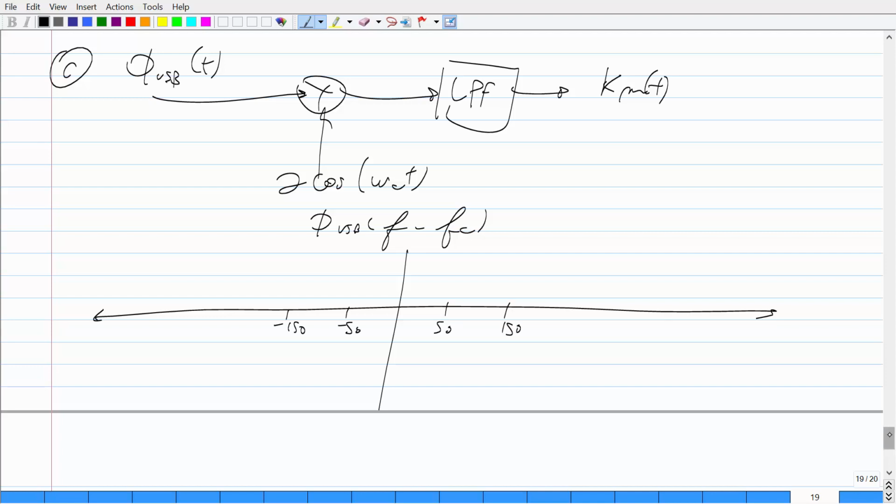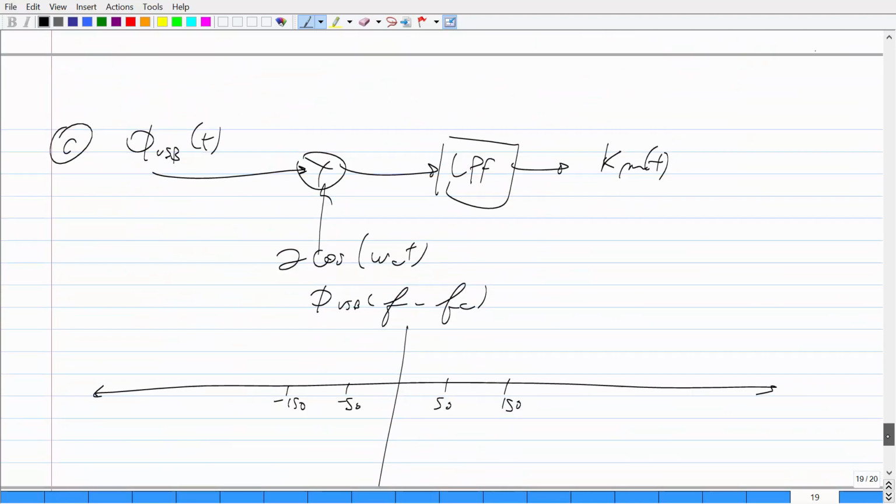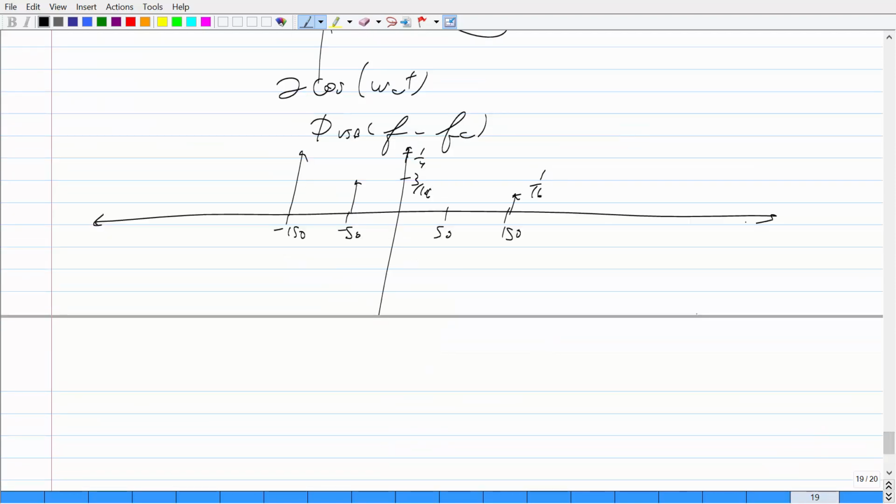We have this one and this one, with 1/4, 3/16, and 1/16 here. I won't draw all the other ones over there, because we're going to apply a low-pass filter.